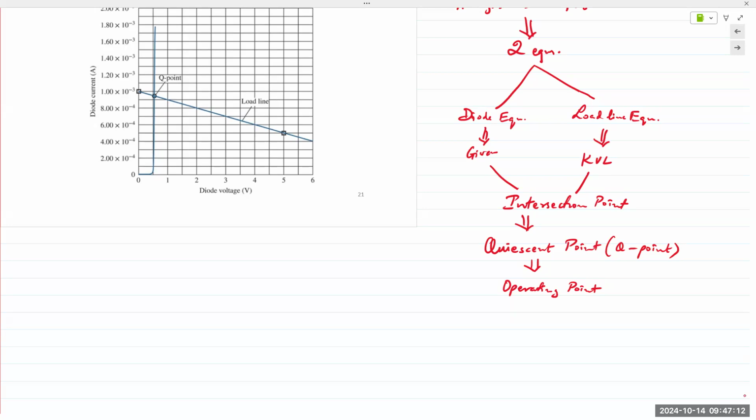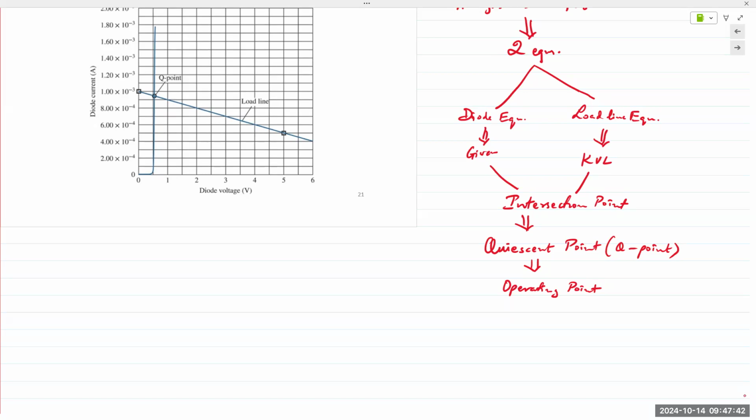Hopefully that makes sense. And so it is known as the biasing. The biasing is always to do with the DC. So we apply a DC voltage and the circuit is in a dormant state before the AC signal arrives. In this case, dormant does not mean it's not doing anything. It's basically applying the DC voltages to force our device or our circuit to work within a certain range of parameters. Hence it is also known as the operating point.